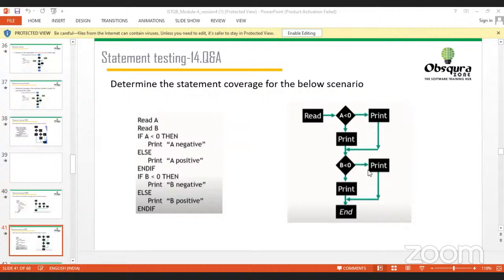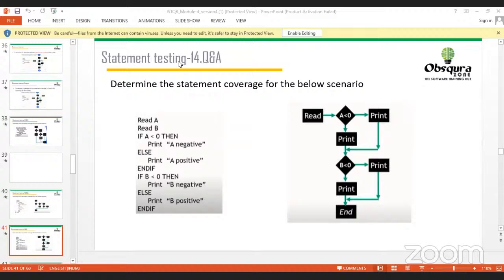So in order to cover these two print nodes, we go like this, and like this, to end. So within two paths, that is the minimum we have to choose. There may be many paths to cover these nodes, but the minimum number of paths will be this one. Is it clear?